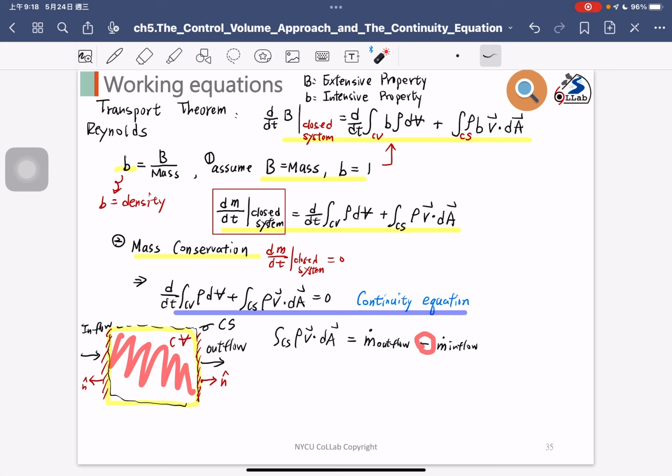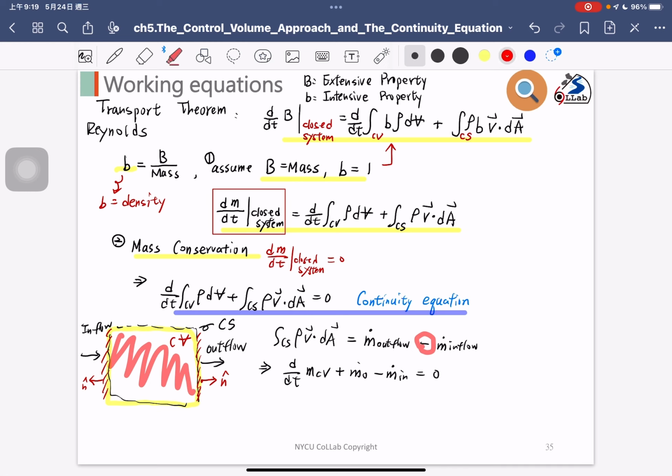Okay, and then for this equation, we can also rewrite the continuity equation to be d/dt of m_CV, plus the m rate outflow minus the m rate inflow, equal to 0.